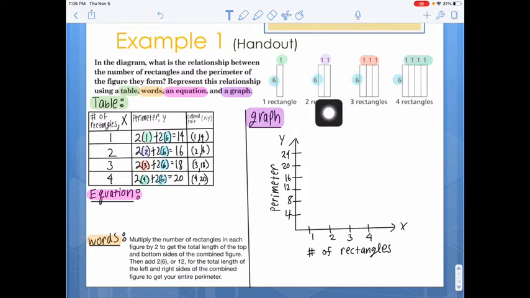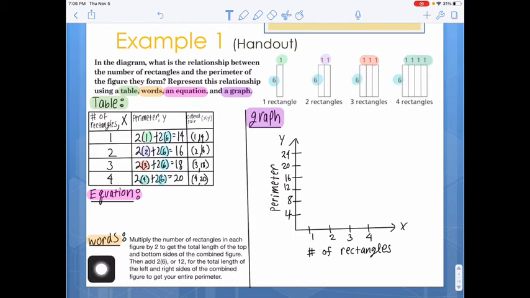If we have 2 rectangles, we have 2 side lengths of 1 next to each other, which gives us 2. So if you multiply the number of rectangles in each figure by 2, you'll get the total length of the top and bottom sides of the combined figure. Then we add 2 times 6, or 12, for the total length of the left and right sides of the combined figure to get your entire perimeter. So again, we're always adding 12 for the sides, just the top and bottom are changing.